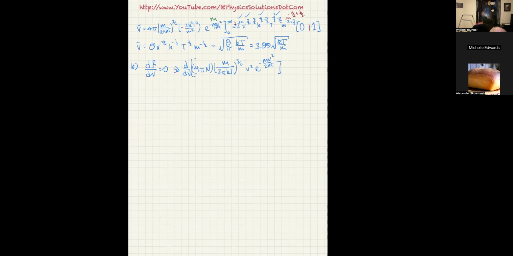So that's what we're supposed to take the derivative of. I think you can see that these constants out in front, they're irrelevant since I'm setting all this equal to 0.